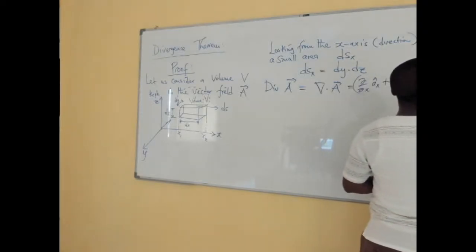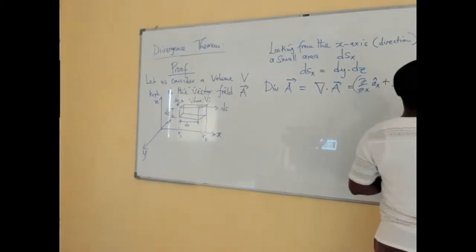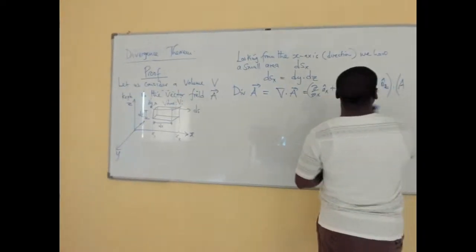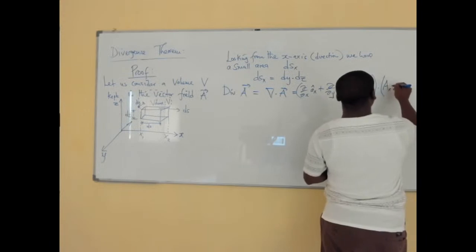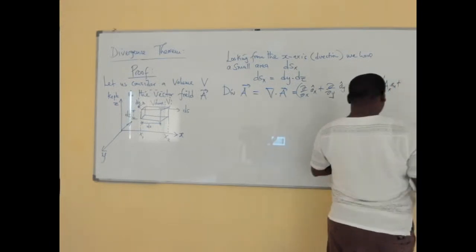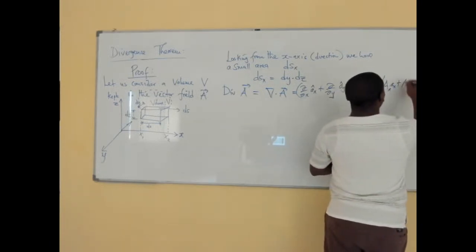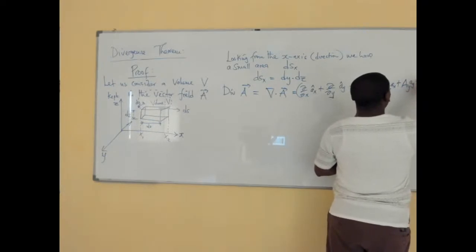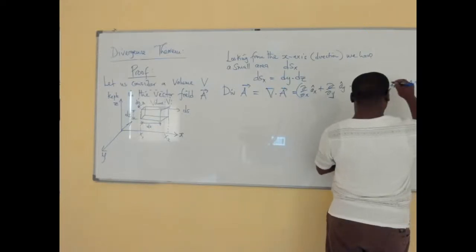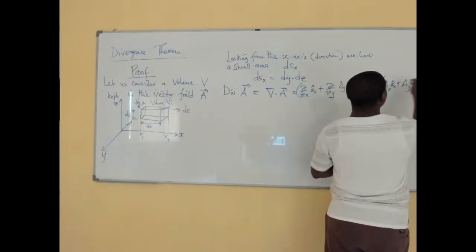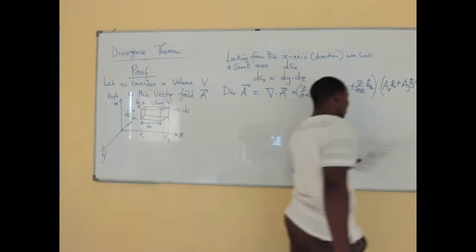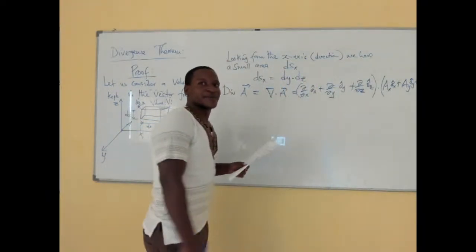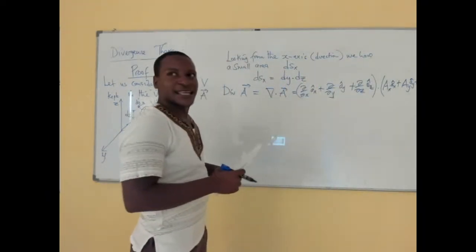Then this must be multiplied by A, the vector field, which is Ax multiplied by ax plus Ay multiplied by ay plus Az multiplied by az in that direction. Alright, so these are unit vectors. Don't forget to put them the way they're supposed to be.